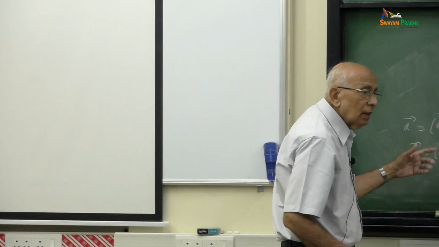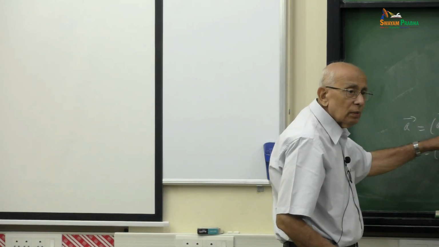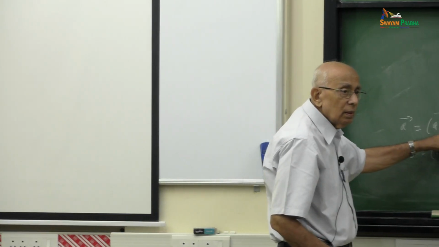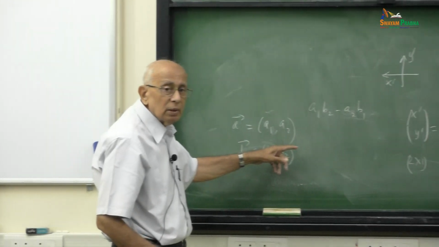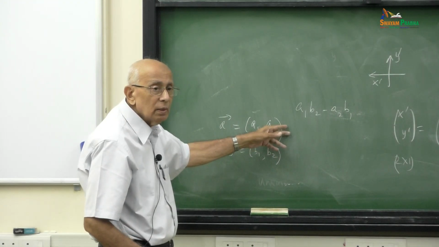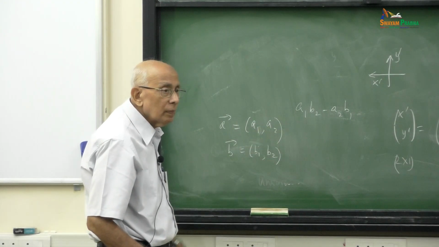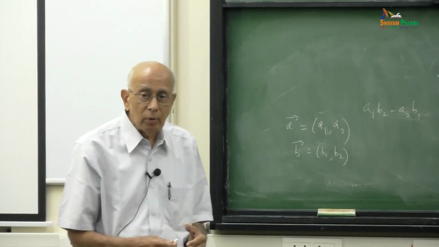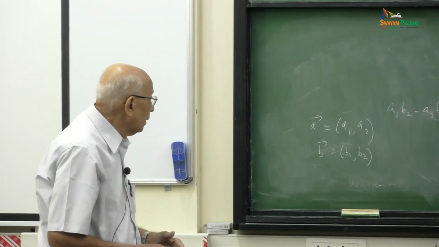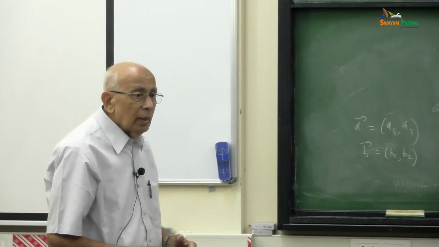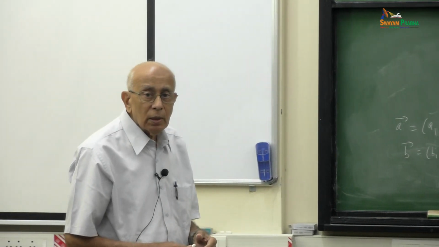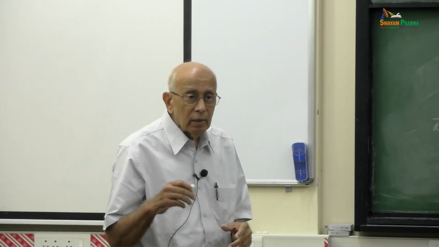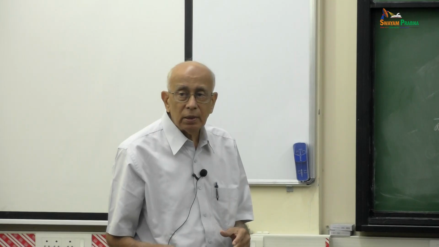If you had a third dimension, then this would be one of the components of the cross product. But you don't have a third dimension. This is a scalar quantity. It's like the determinant of the matrix. It's precisely that. It's the area of the parallelogram formed by A and B. But the point I'm making is that the notion that the cross product of two vectors is again a vector is valid only in 3 dimensions.